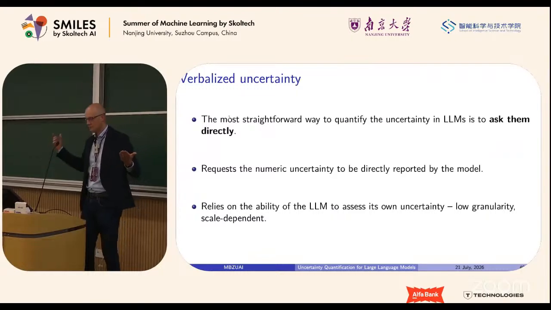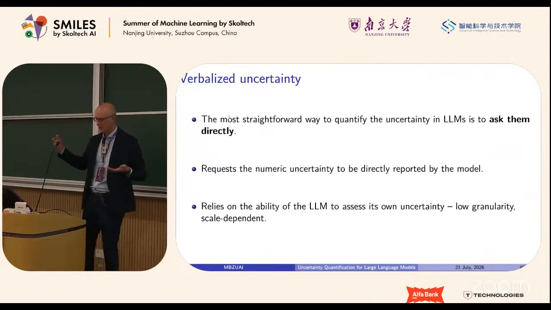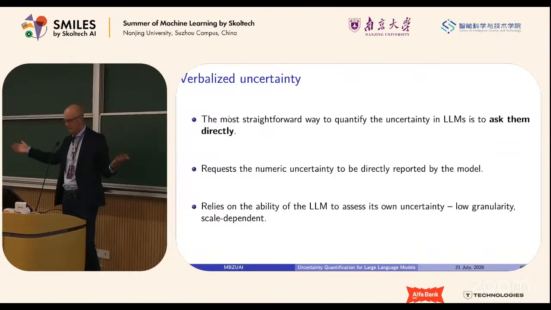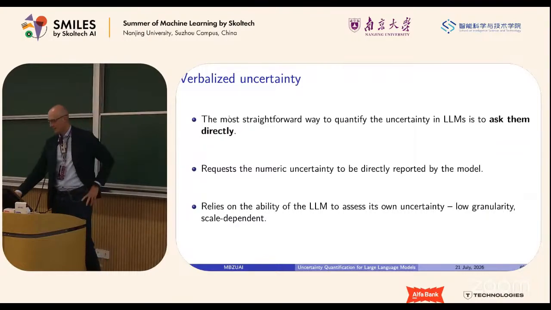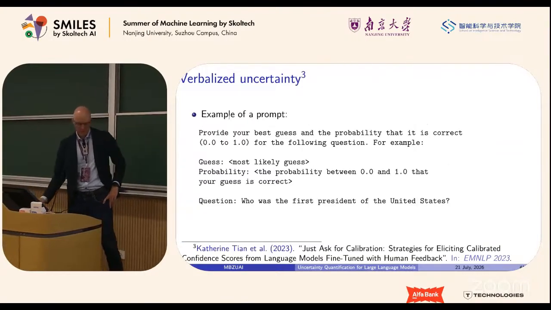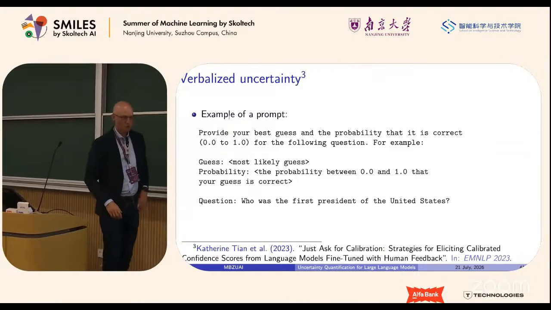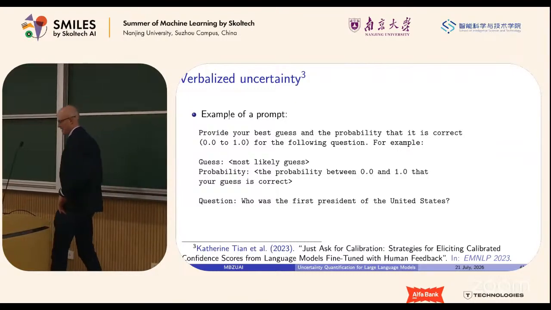You can just feed what it generated back to the language model itself and ask, are you confident in what you just said? And as you probably understand, if that worked well, probably our job would be done and nothing else would be needed anymore.